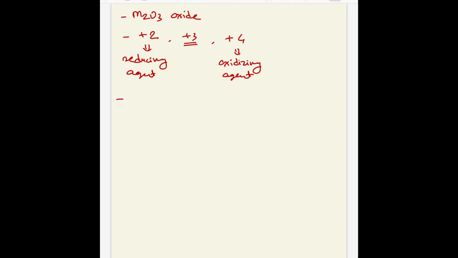Next point we can see the radius of the lanthanoids. Ionic radius decreases from 117 picometer of lanthanum to 100 picometer of lutetium.